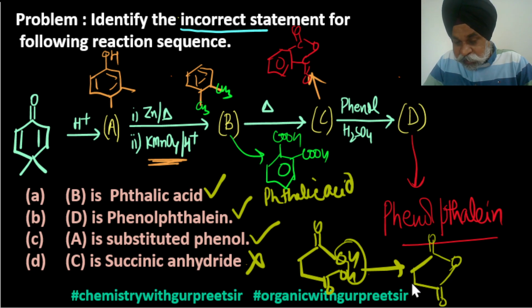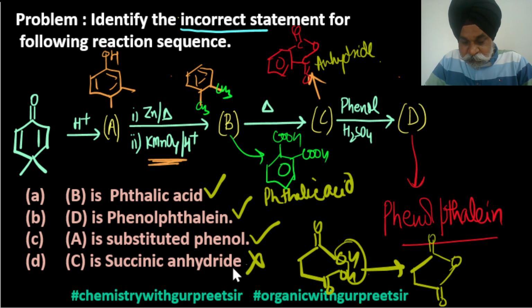Succinic anhydride has never been found in this particular reaction. In fact, it resulted in the formation of phthalic anhydride. The anhydride which we received is phthalic anhydride. So C would be a wrong option, but it is the correct answer for this particular question. I hope you have understood this particular question.